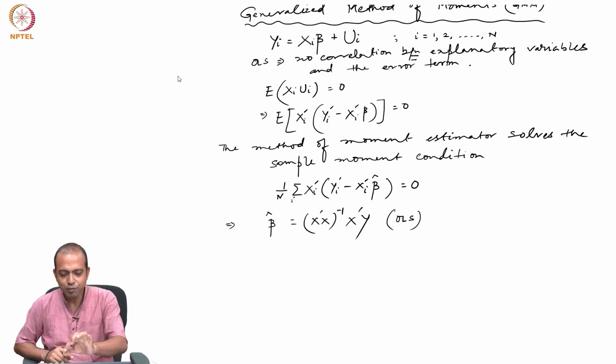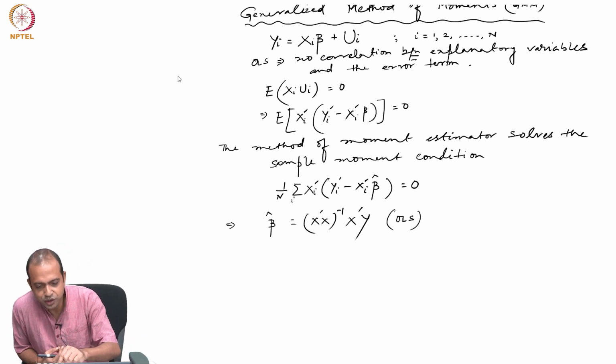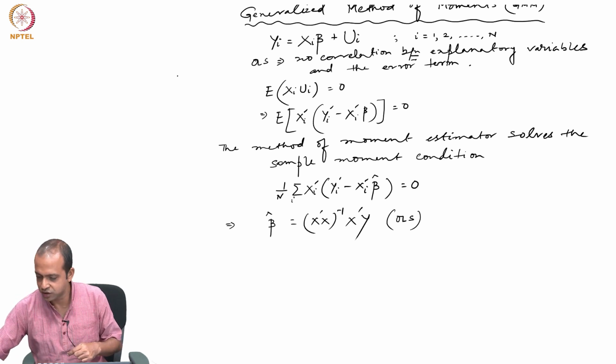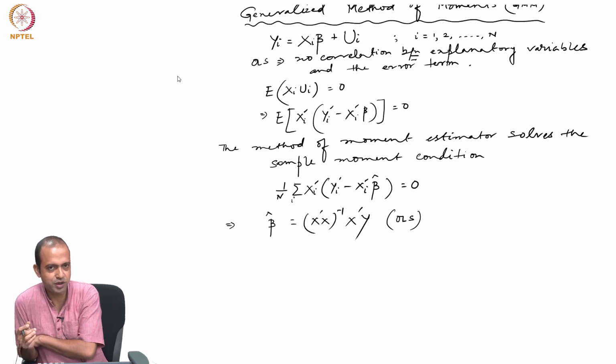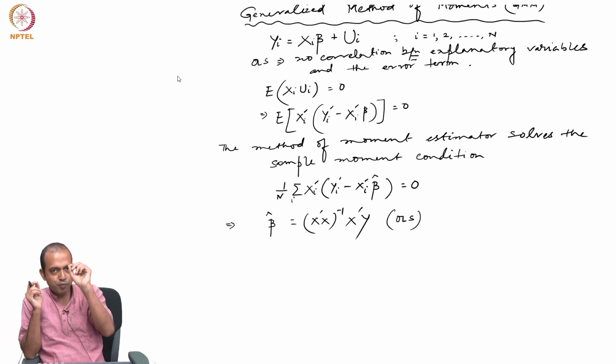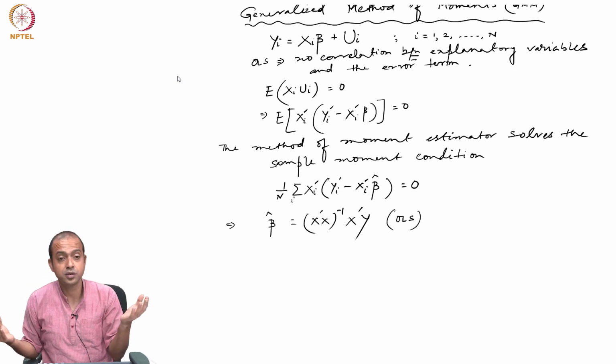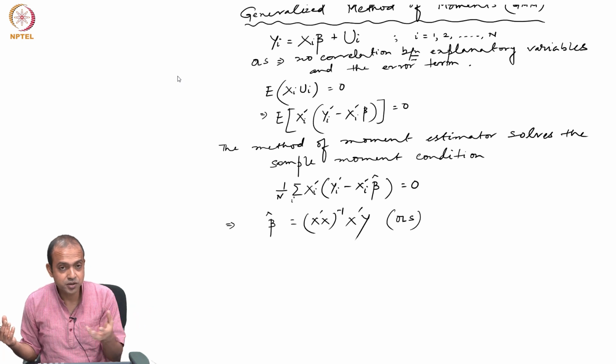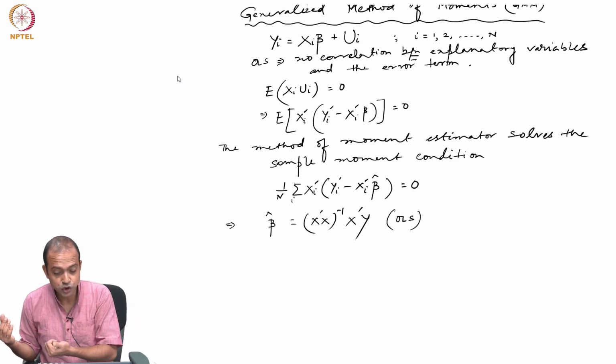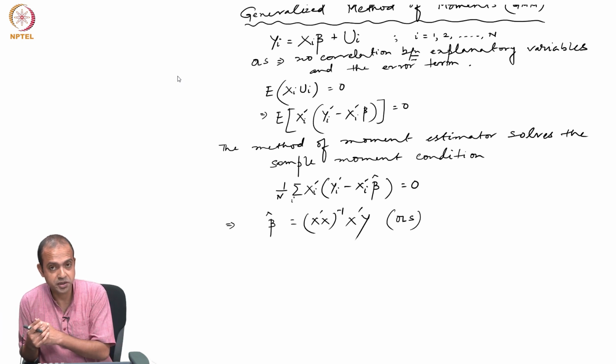So what I have proved is that the OLS estimator is nothing but a sample moment condition derived from the important assumption that no explanatory variable should be correlated with the error term, which gives a population moment condition, expectation xi ui equals 0.